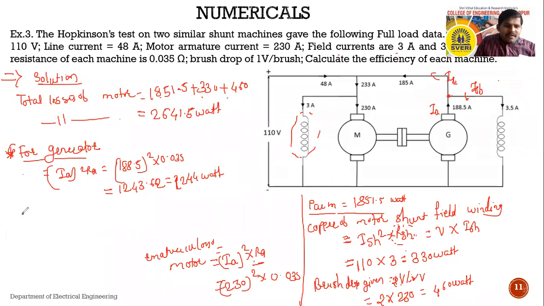Now similarly, we are able to calculate the shunt field copper loss of the generator.